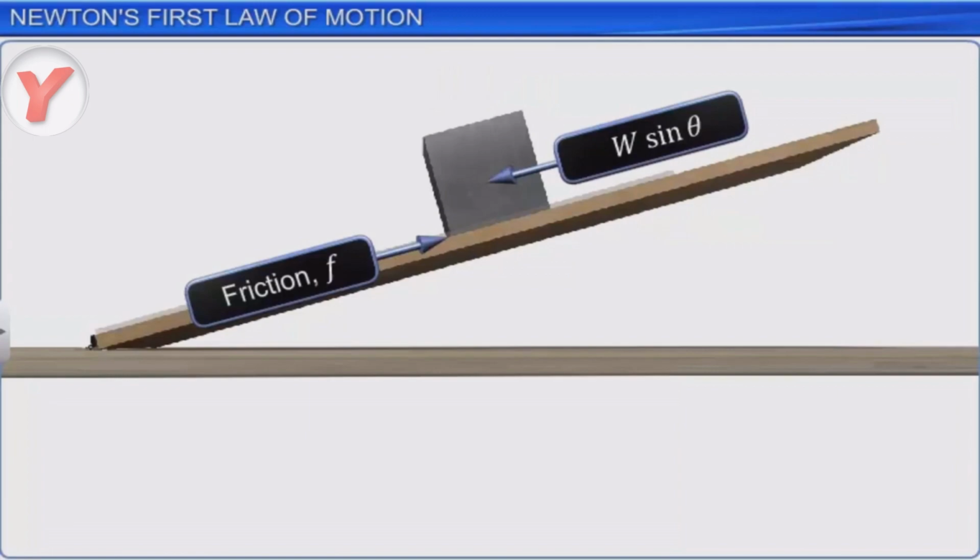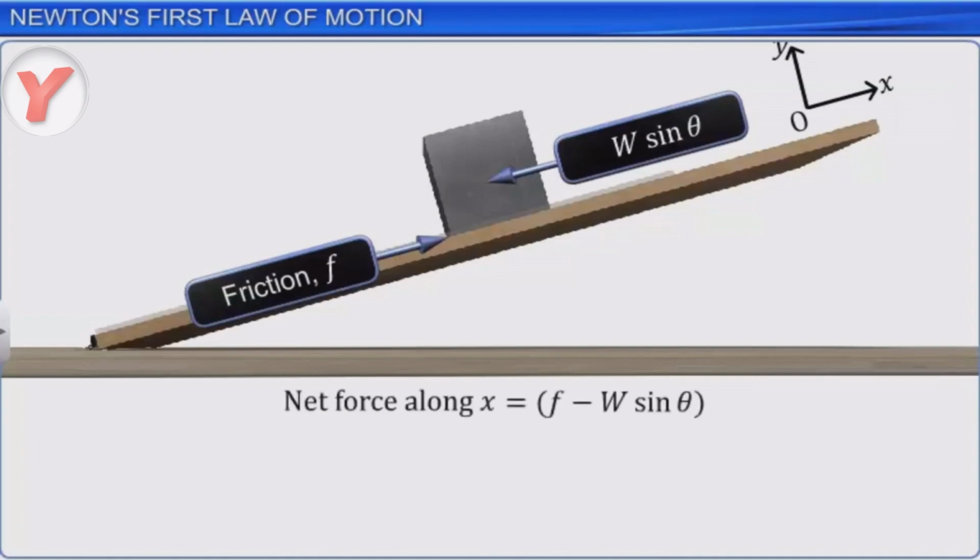That is, the iron cube is at rest as far as the x direction is concerned. This implies the net force in the x direction is 0. Net force along x is equal to F minus W sin theta is equal to 0. Therefore, F is equal to W sin theta.